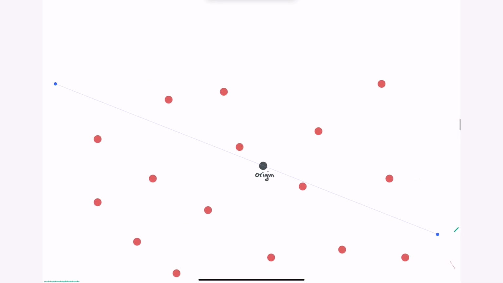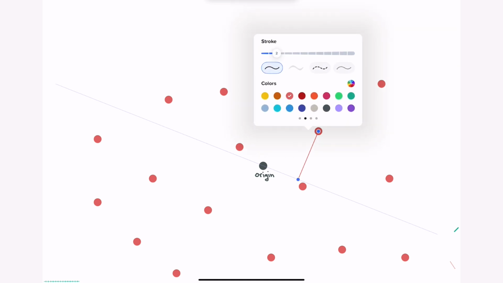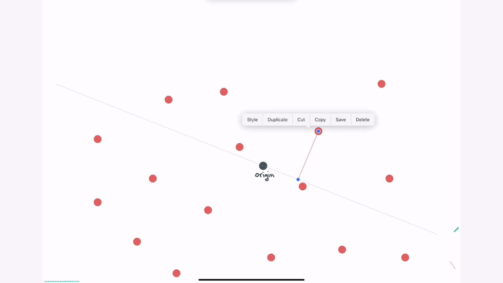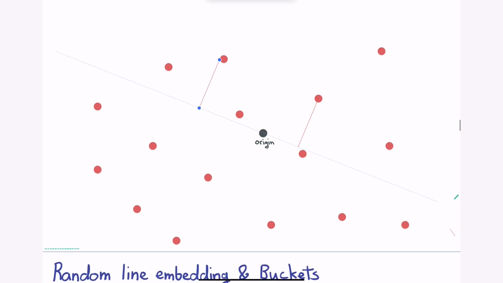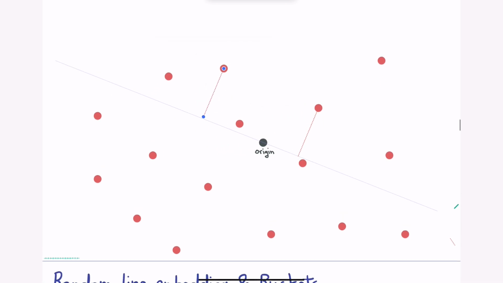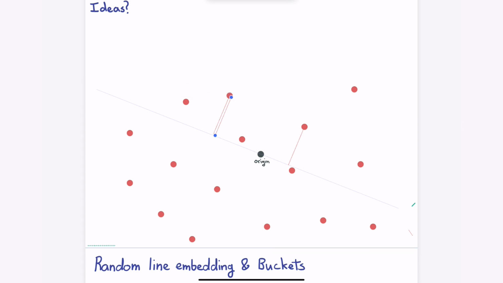So projection means I'm going to find the closest point, right? So it's going to be like this. So we can compute the projections. You don't need to watch me draw all the pictures, so I'll only do a few. I map each point to the nearest point in my one-dimensional subspace, which is a line.